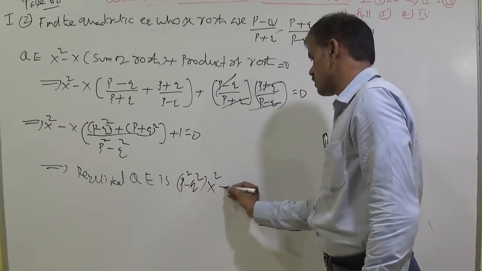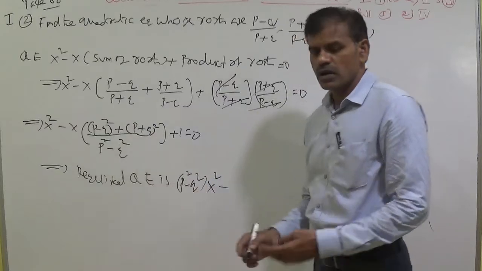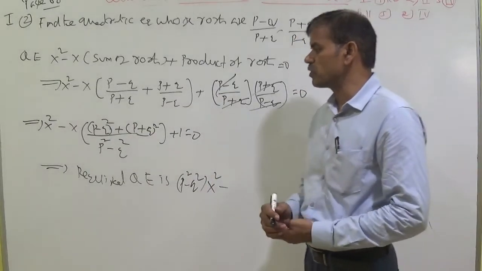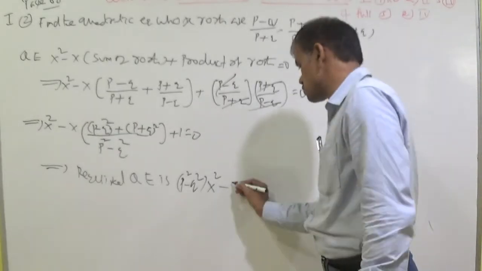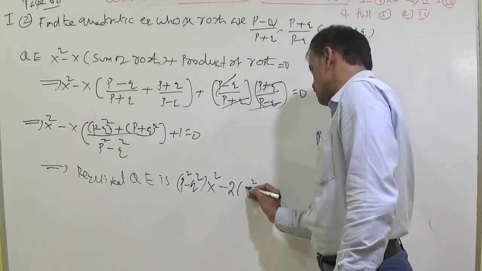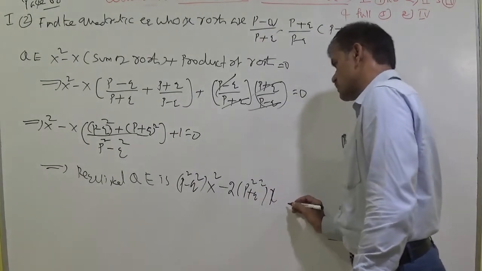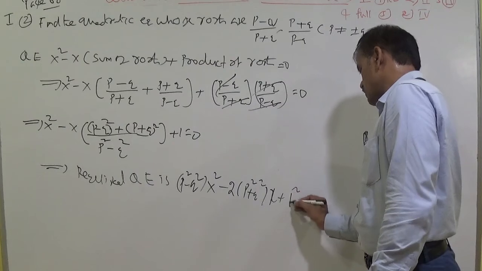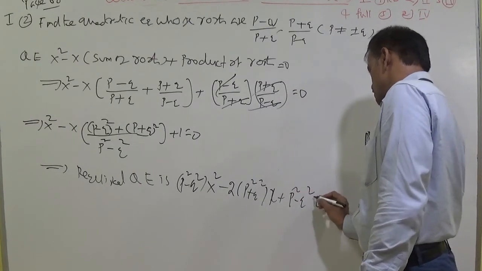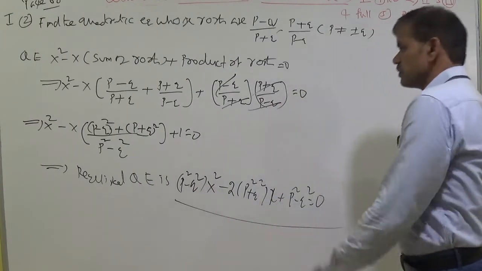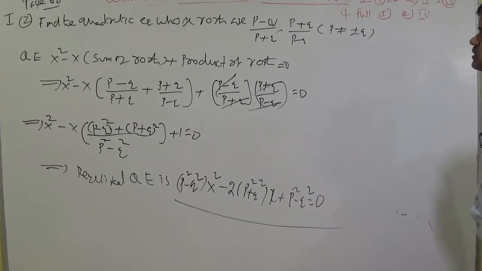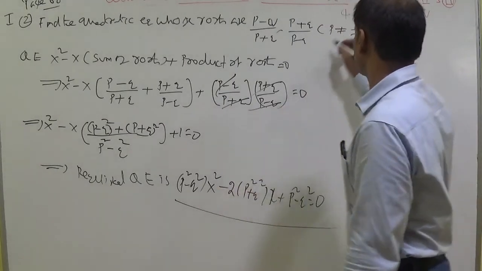Using the formula a plus b whole square plus a minus b whole square is 2 into a square plus b square, we write 2 into p square plus q square into x. Plus at last, by taking LCM, p square minus q square equal to 0. This is the required quadratic equation.